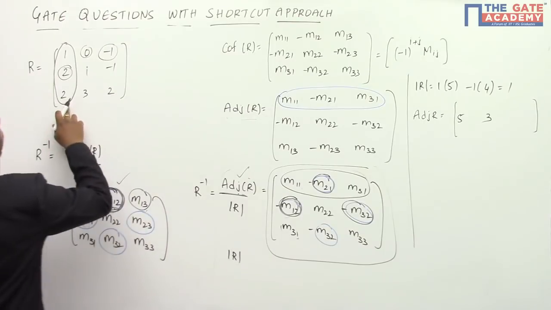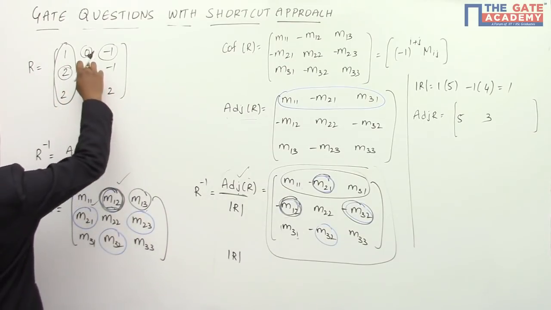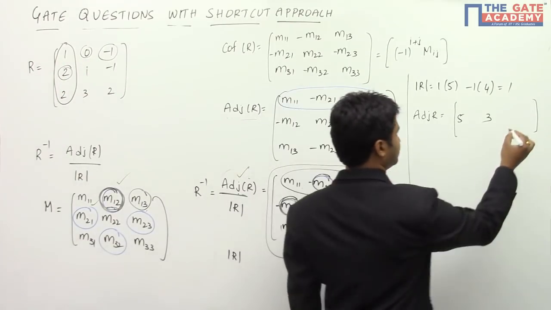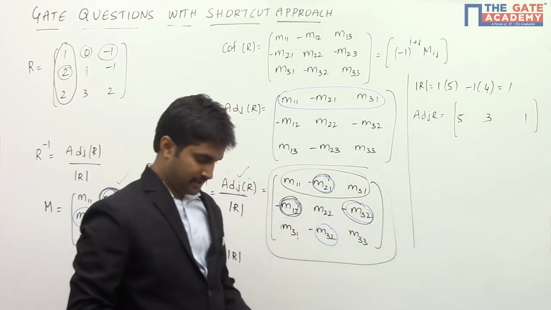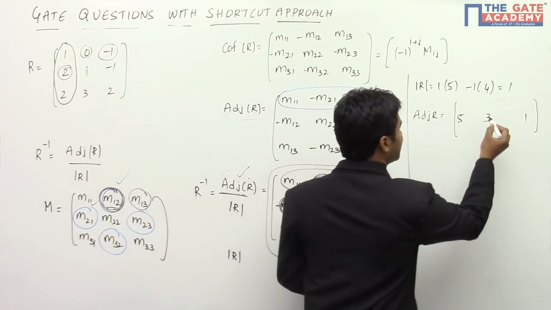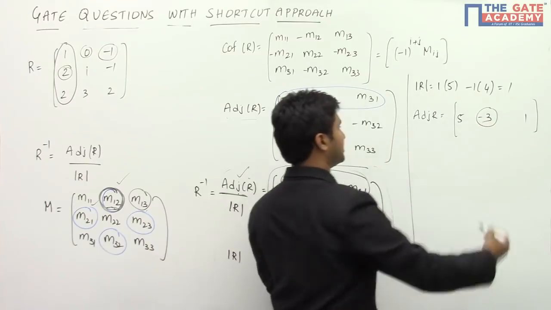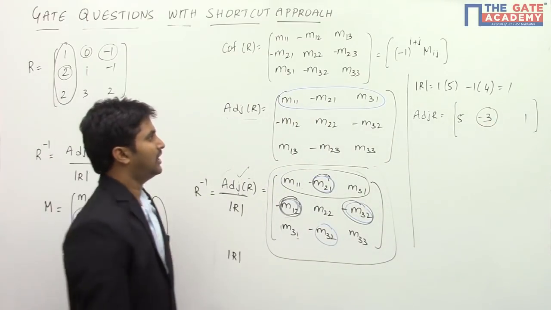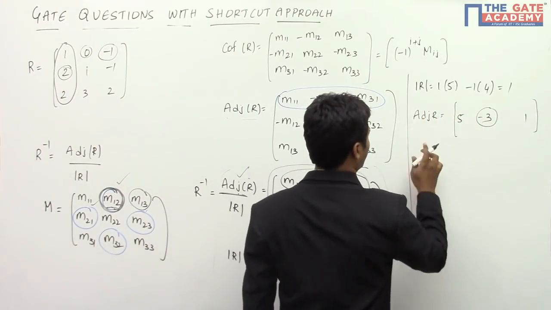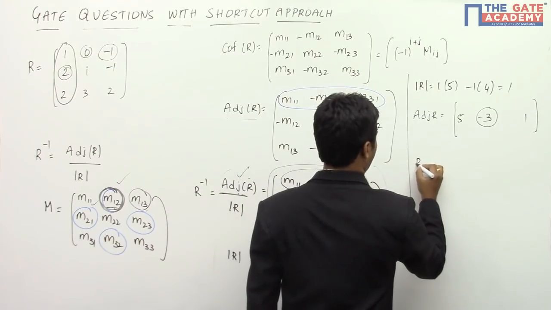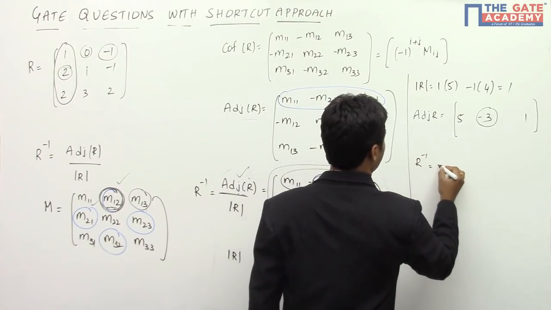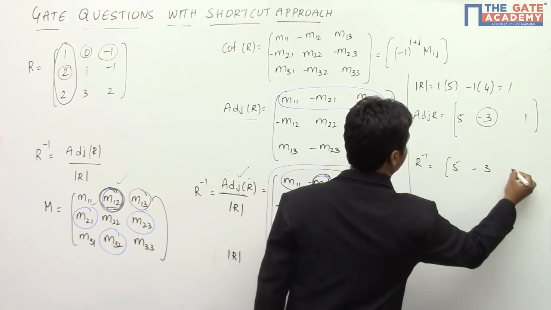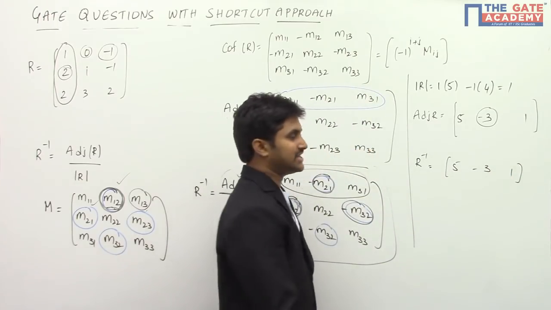And 2 is going to have the minor as 1. And because it is the top row, this element will be negated, minus. And of course, we know the determinant is equal to 1. So R inverse will have the top row as 5, minus 3, 1, which is there in option B.